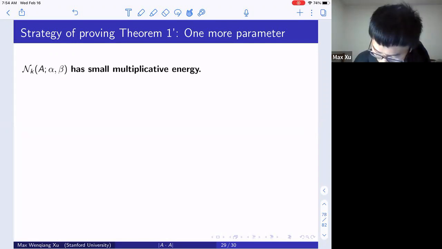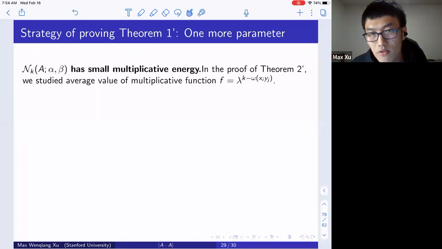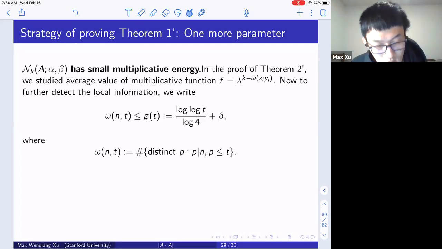This is also classical if you're familiar with the multiplication table problem. Basically, in the proof, previously we ended up estimating some average value of a multiplicative function that looks like lambda to the k minus omega. But this only captures the global information. Now we also want to detect the local information.